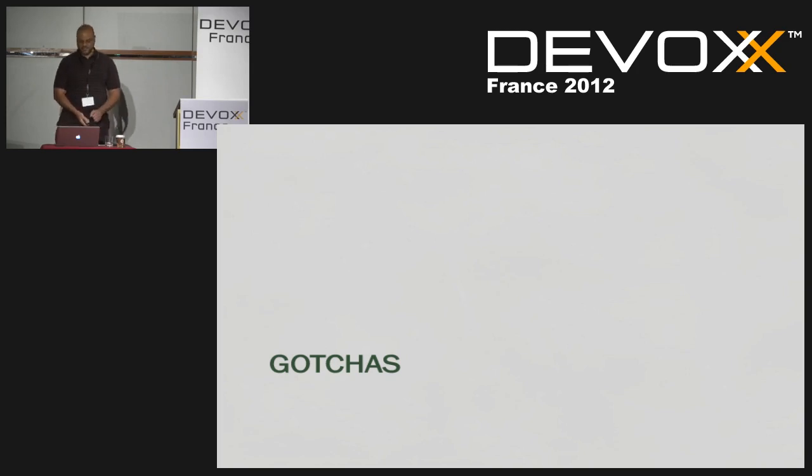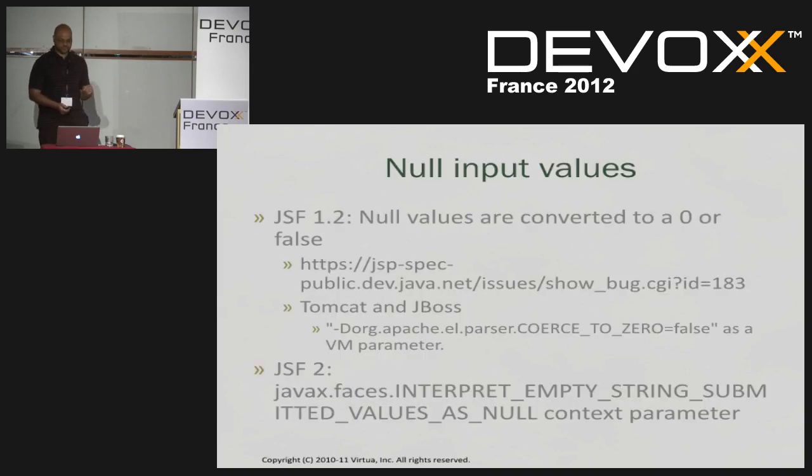All right, so let's talk about some gotchas, which basically means things to watch out for. So one of the things to think about are null input values. So in JSF 1.2, null values are converted to 0 or false. And sometimes that can be really annoying.